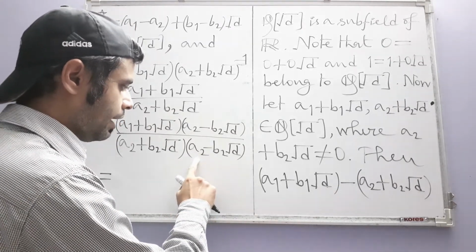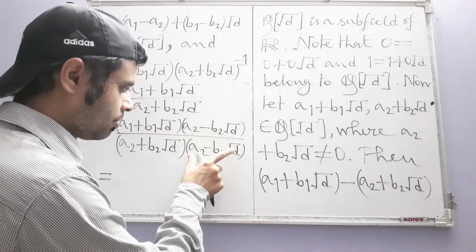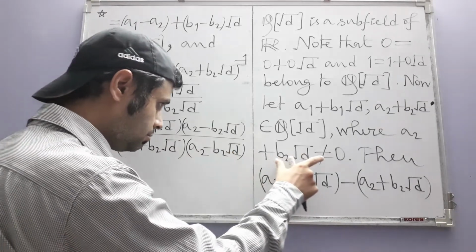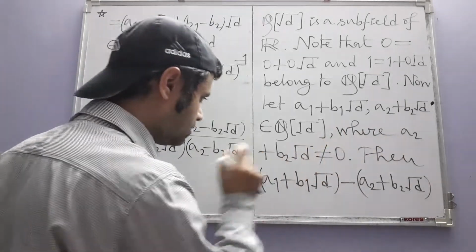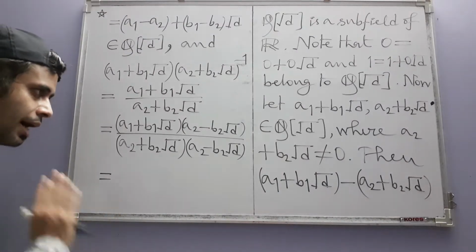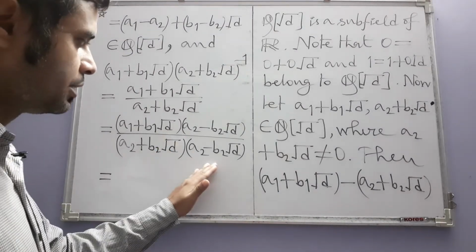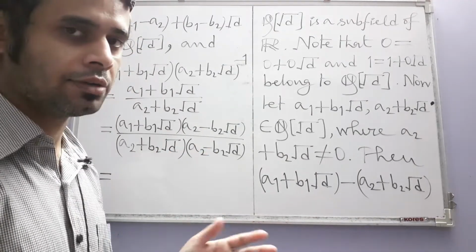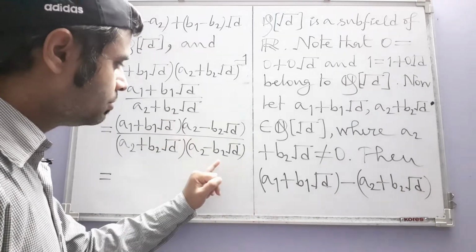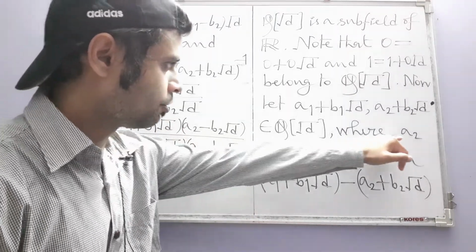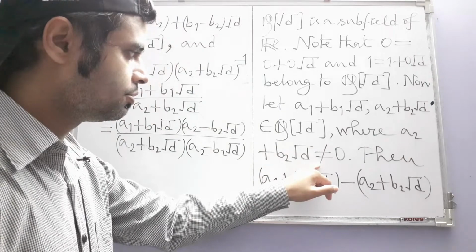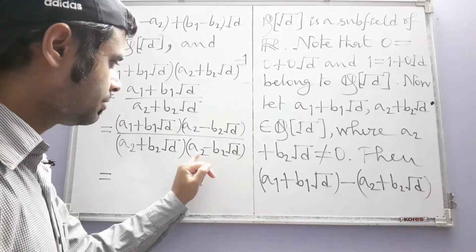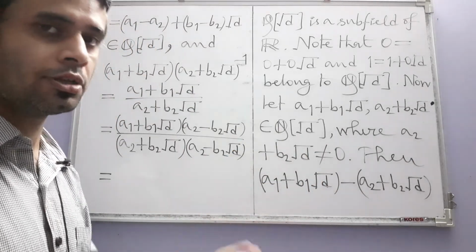However, it actually is non-zero, and the non-zeroness of this comes from the condition that this is non-zero. I am going to leave it out. I leave it to you to show that non-zeroness of A2 plus B2 root D implies A2 minus B2 root D is also non-zero.